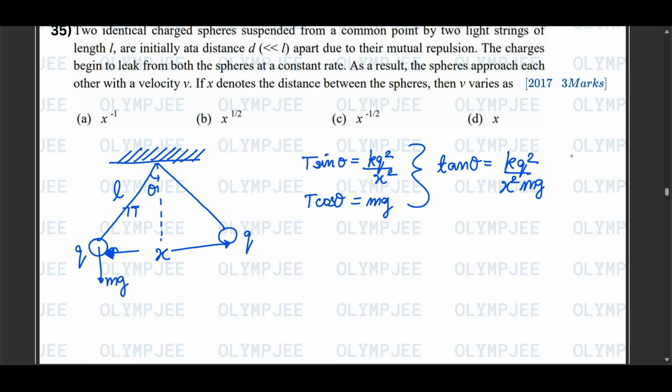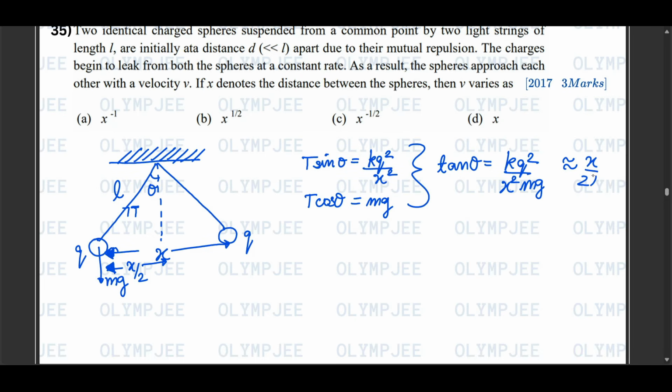So we also know that this distance is x by 2, and if theta is small, then tan theta can be approximated to x by 2l, right?